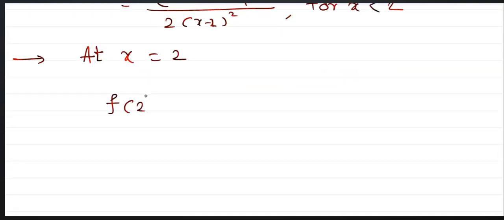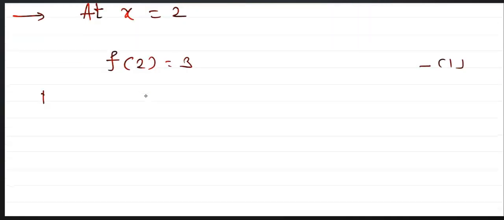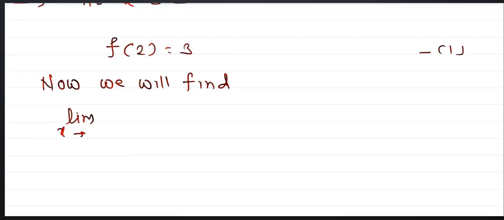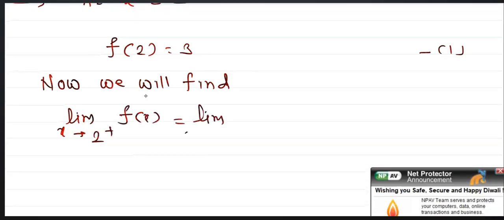At x is equals to 2, f of 2 is equals to 3. This is 1. Now we will find the limit x tends to 2, right hand side limit.